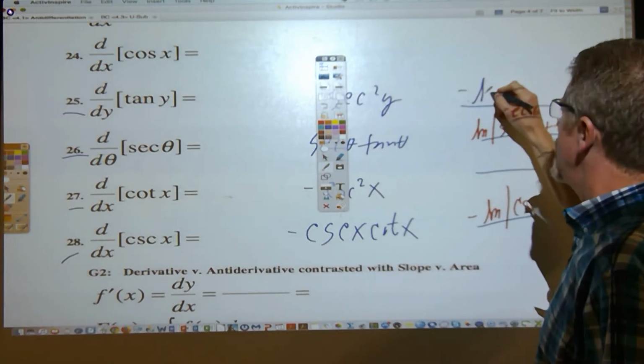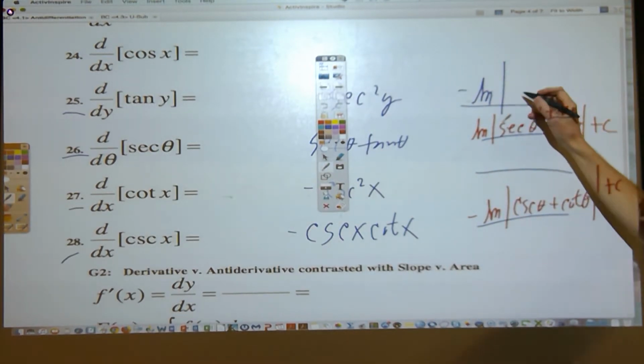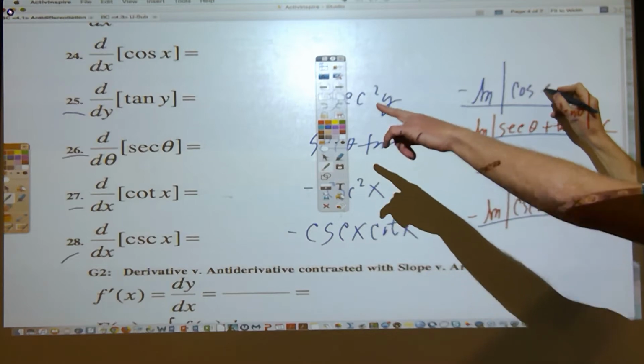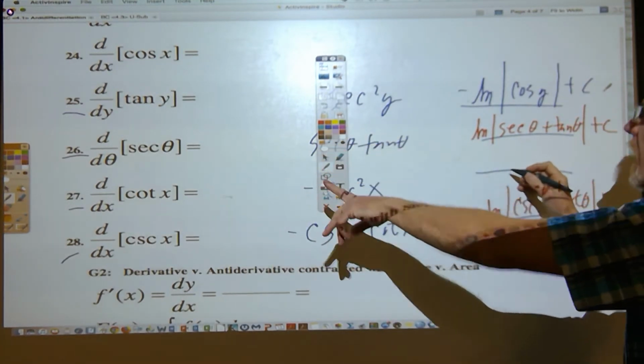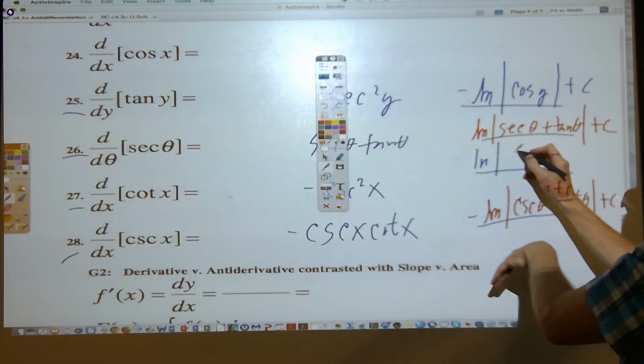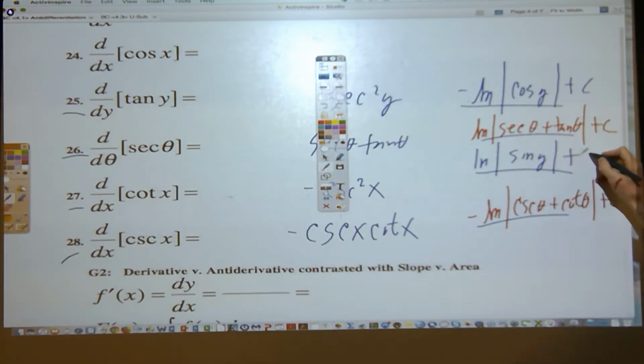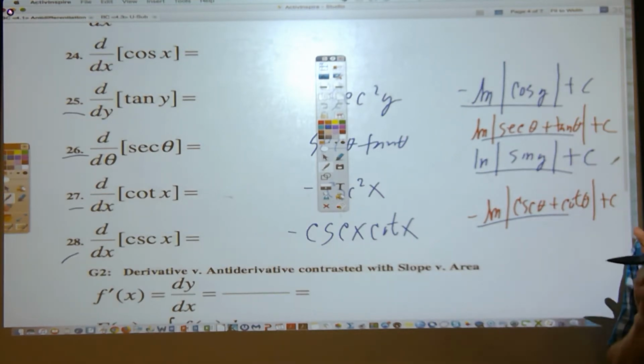It's negative natural log of the absolute value of cosine, I guess we have to use y here, plus c. And for the cotangent, it's positive natural log of the absolute value of sine y plus c. So we got all four of those that we said we could derive.